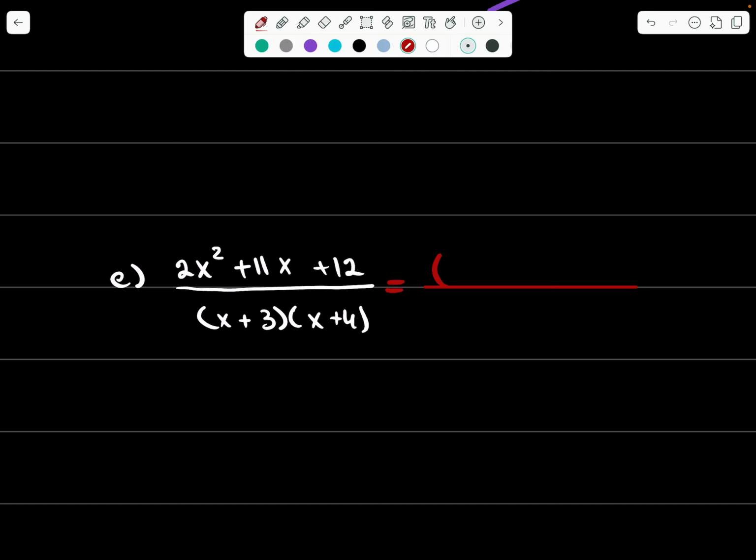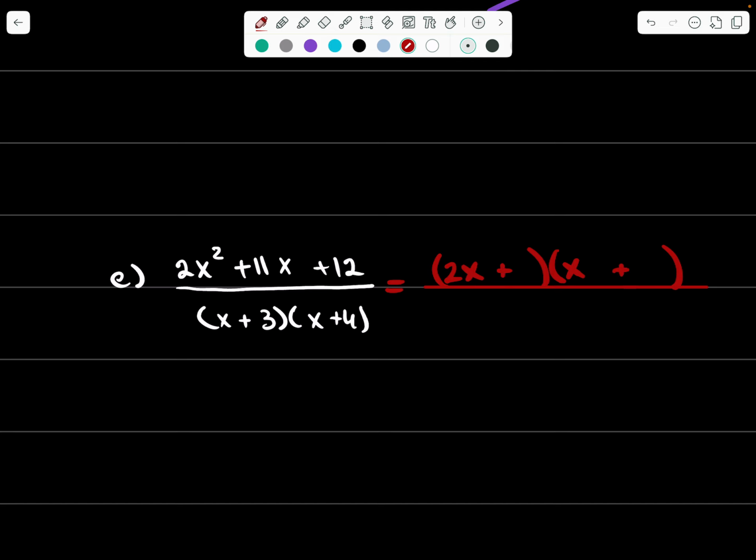Okay, so I do know that there will be a 2x and an x on the numerator, right? Because I know that 2x times x is going to be 2x squared, so I need to write this, and everything is plus.